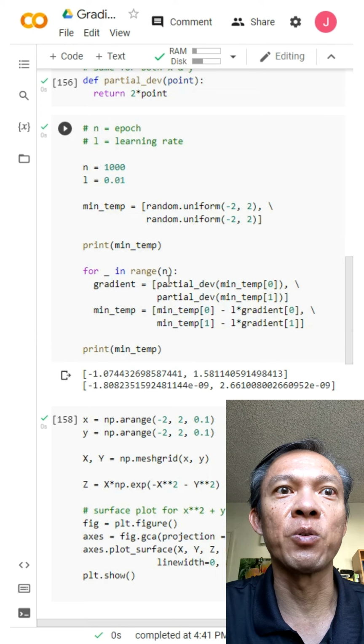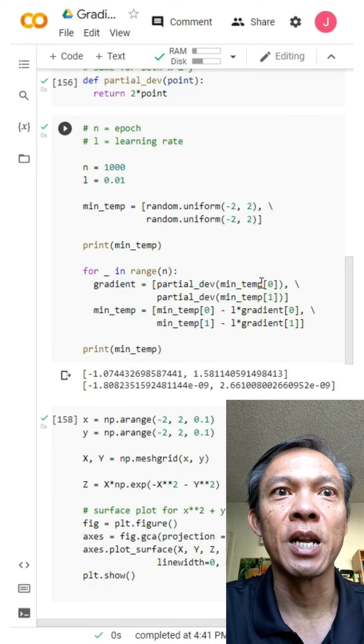And then I'm going to go through the algorithm in this for loop right here, basically from 0 to 1000, and the gradient is basically just the partial derivatives. This one right here is x, index 0, since your starting point is 0 for Python, and 1 is the second part, y. So the gradient is the partial derivative with respect to x, and then this right here is the partial derivative with respect to y.